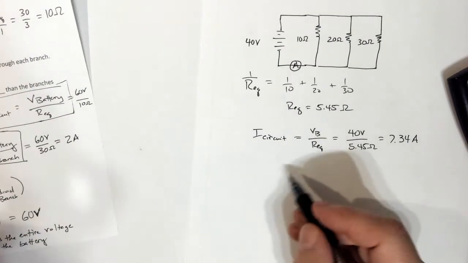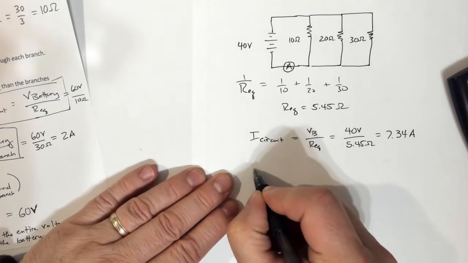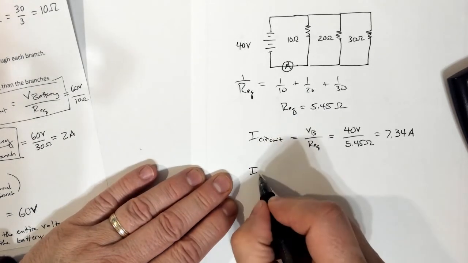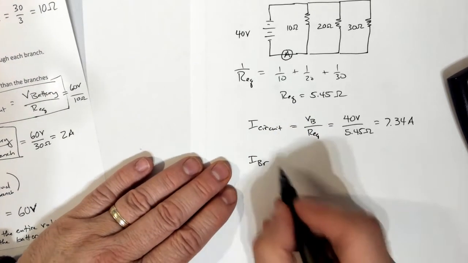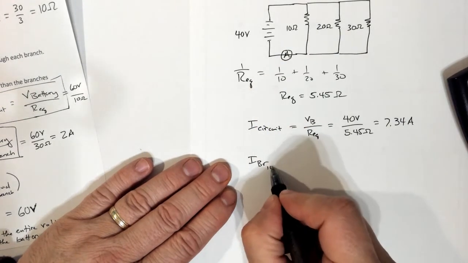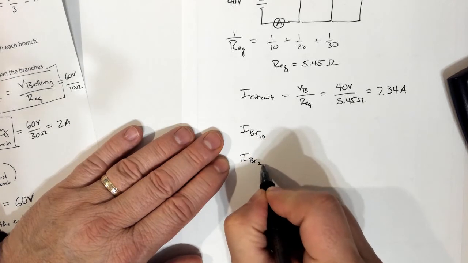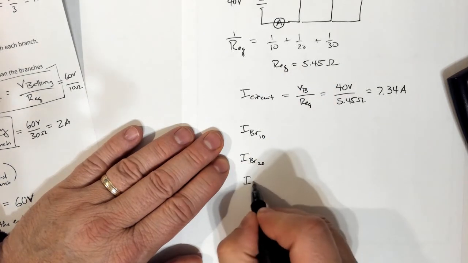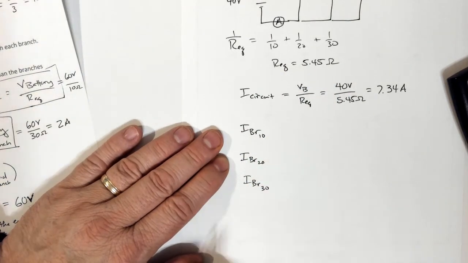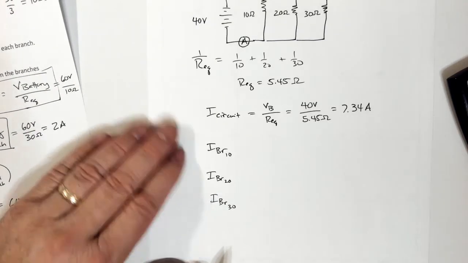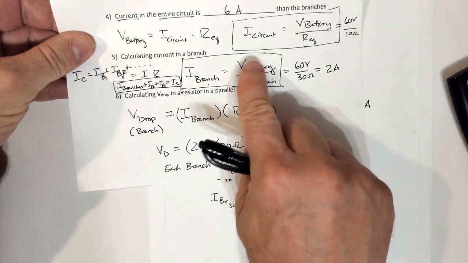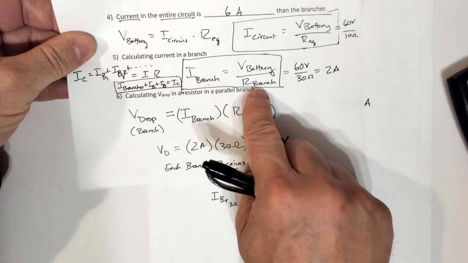So let's find the speed of the current through each branch. Okay? And we have a branch with the 10 ohms, a branch with a 20 ohm, and a branch with a 30 ohm, if that makes more sense. Okay, well, here's my battery. It says I in the branch will be equal to the battery divided by the resistance in that branch.